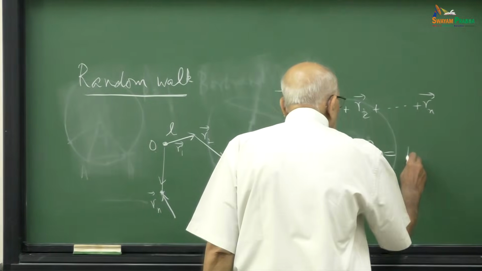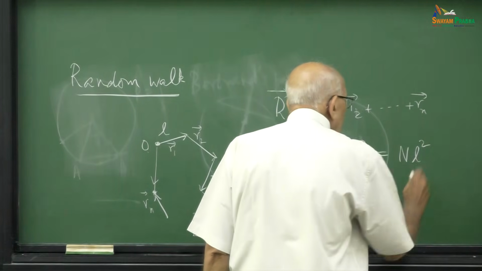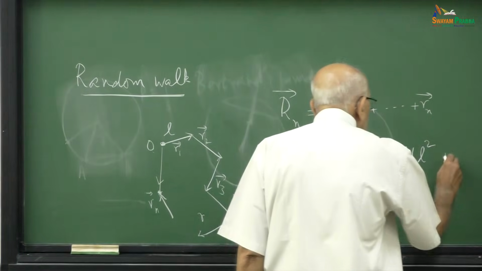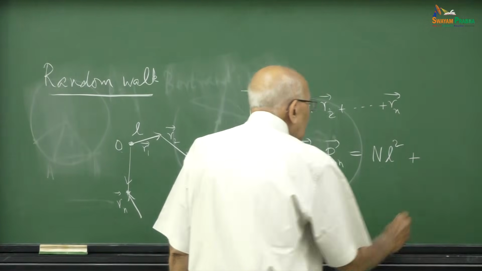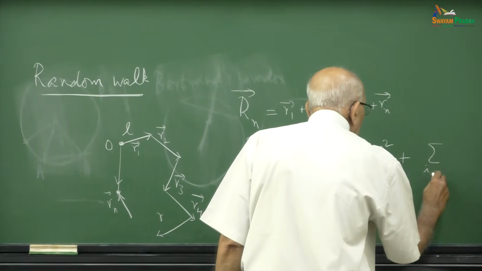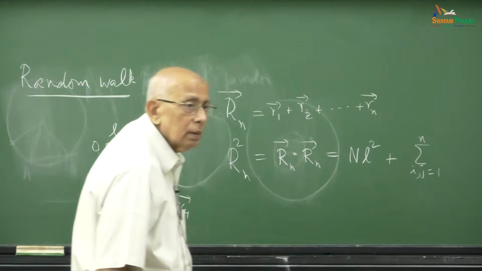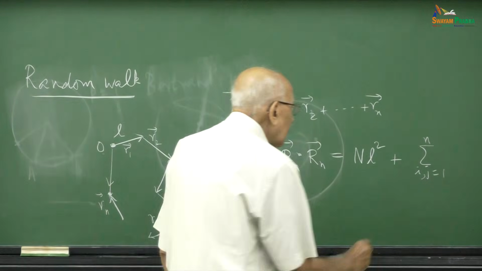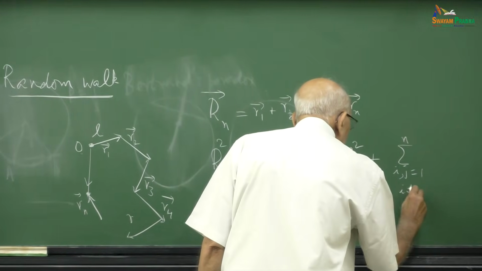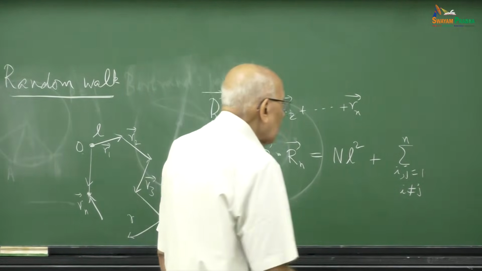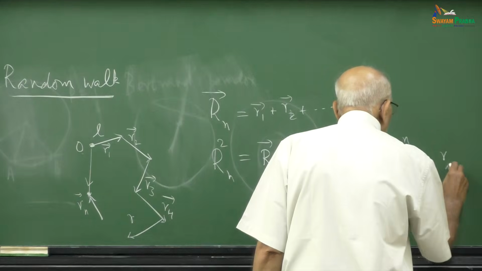And there are n of these terms, so it's n times L squared, plus a summation from i, j equal to 1 up to n, with i not equal to j. These are the cross terms, and the cross terms look like Ri dot Rj.